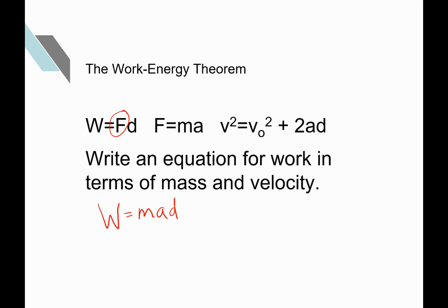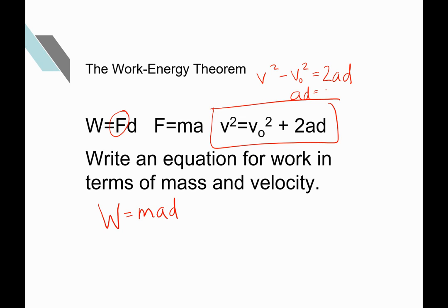Okay. Well, hold on a second. Right here, I have acceleration times distance. So can I rearrange that equation? Well, I can. V squared minus V initial squared equals 2AD. Okay, so we have A times D, or A times displacement, is equal to 1/2 times V squared minus V initial squared.